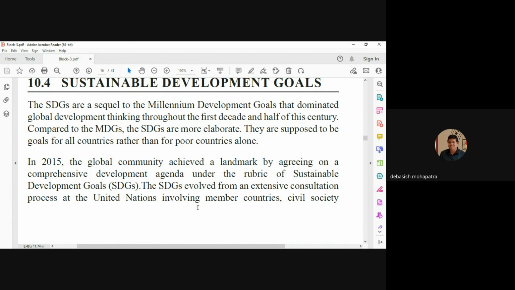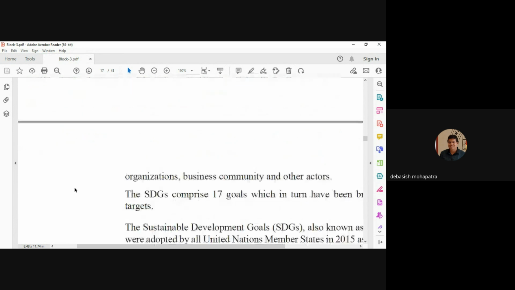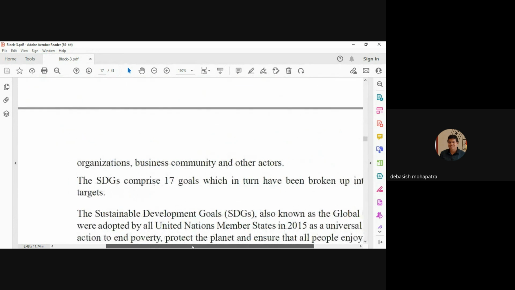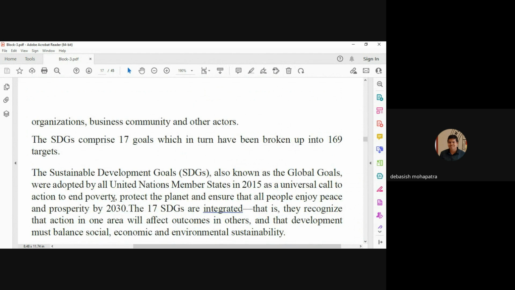The SDGs evolved from an extensive consultation process of the United Nations involving member countries, civil society organizations, the business community and other factors. So the SDGs comprise 17 goals, which in turn have been broken into 169 targets. Okay, there are 17 SDG goals and 169 targets.